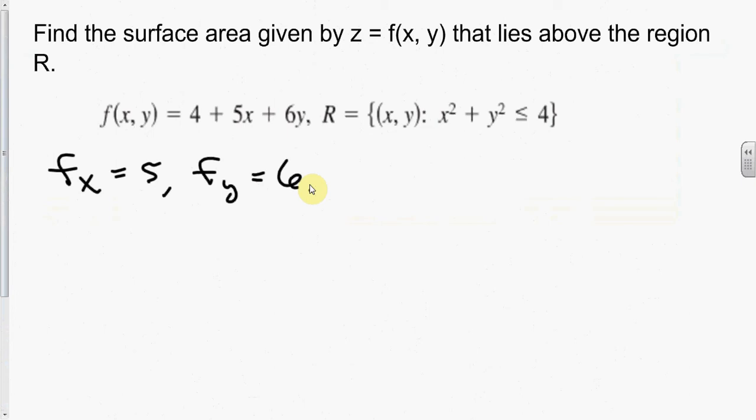You can find the region. Say, for example, you can use -2 less than or equal to x less than or equal to 2.